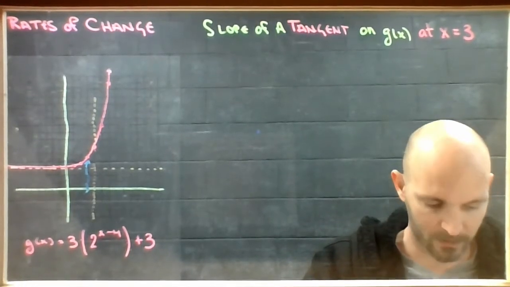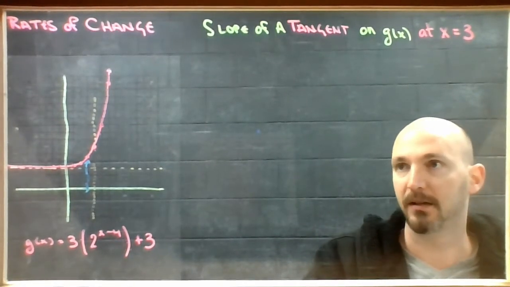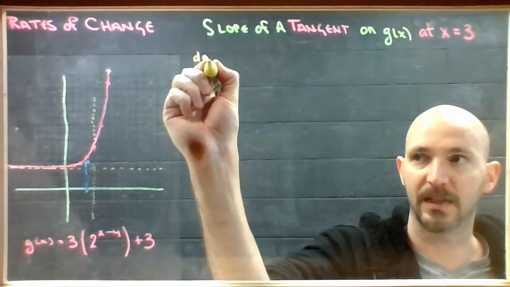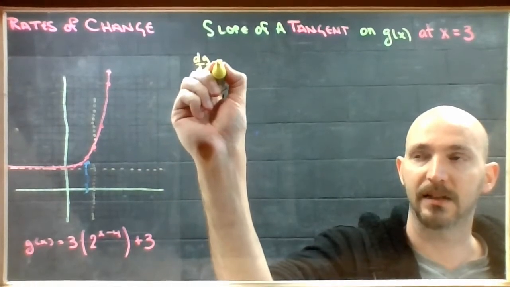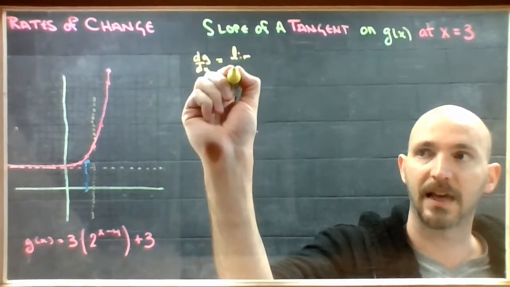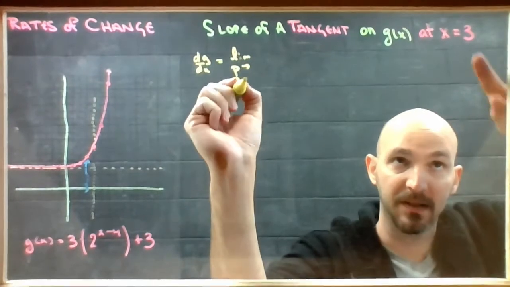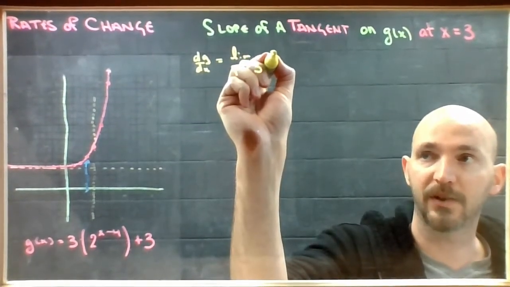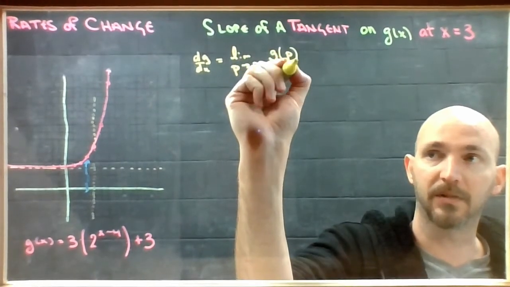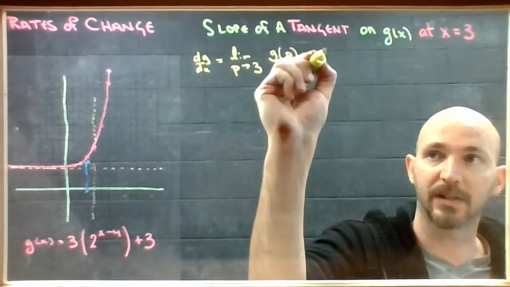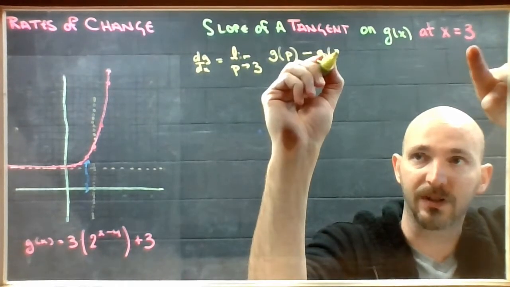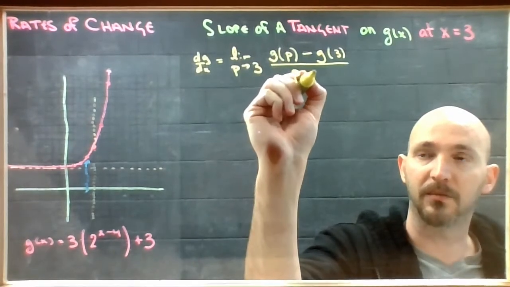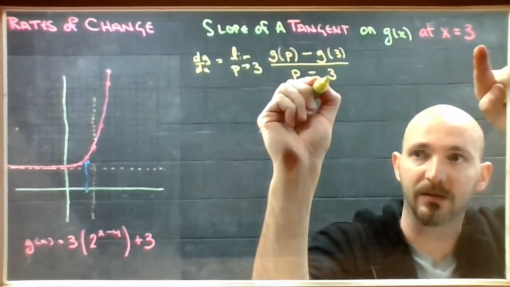Alright, so in order to do that, the slope of a tangent, so this function is named g, so dg of dx is the limit as my dummy variable approaches this value of the function at the dummy variable minus the function at the place in question divided by the dummy variable minus the place in question.